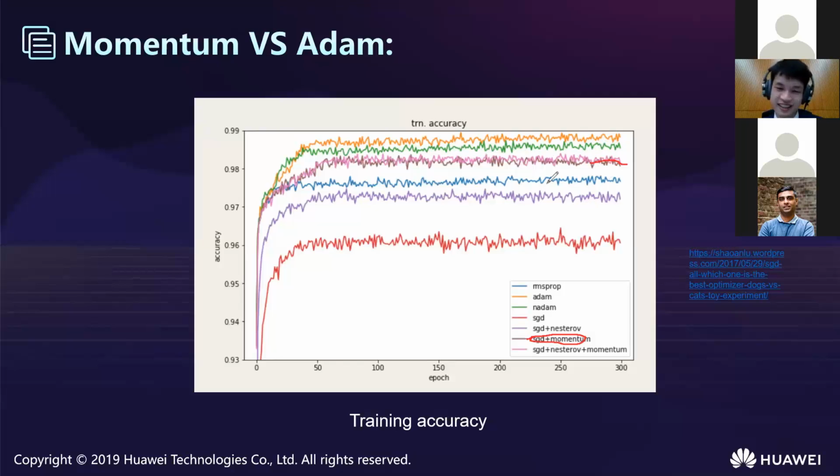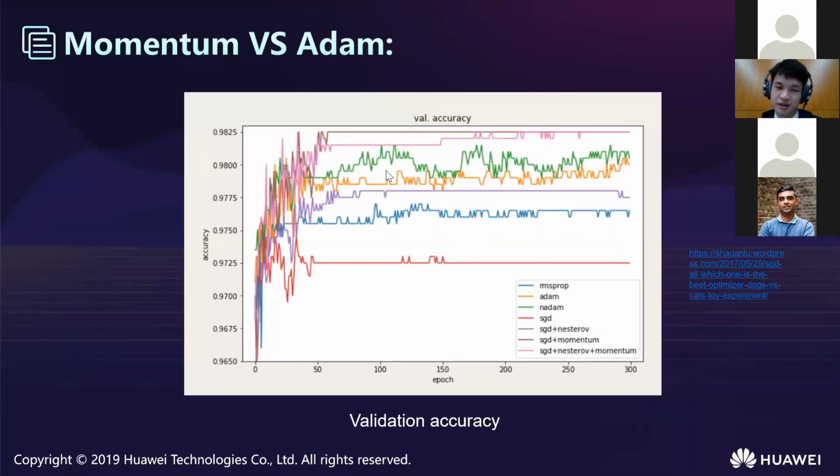The training accuracy is not so high, but the testing accuracy of the momentum is higher. So maybe Adam is easy to overfit, but the momentum can solve the overfitting problem. Okay.